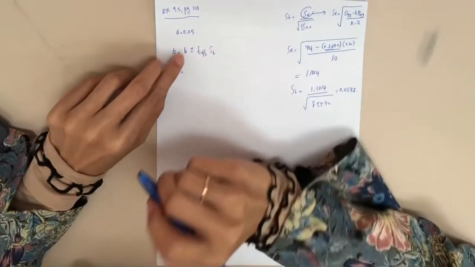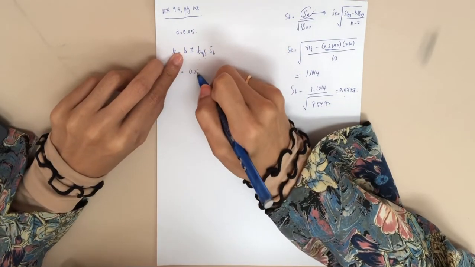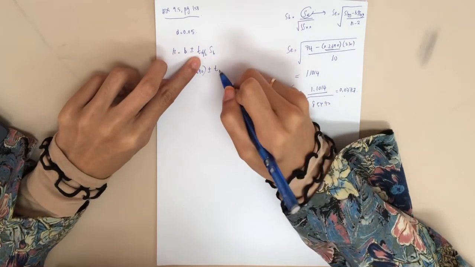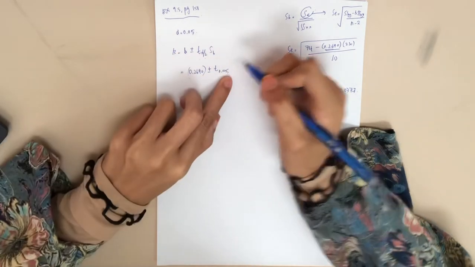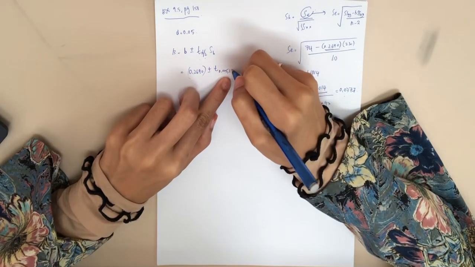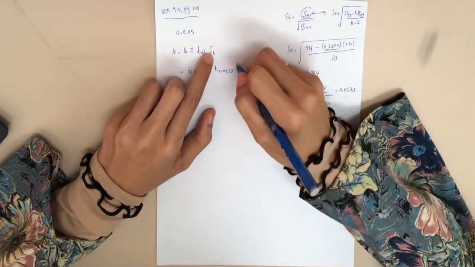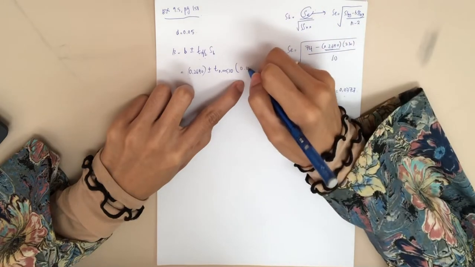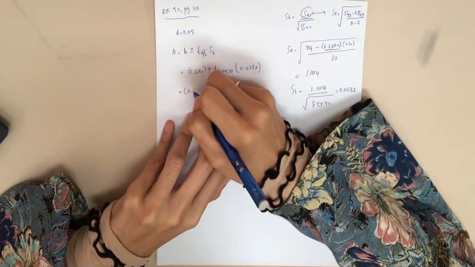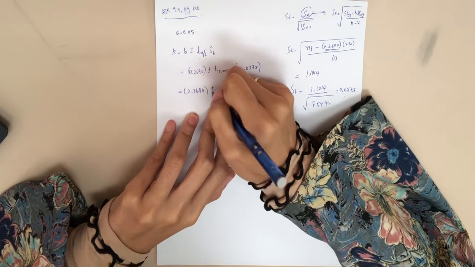So b here is 0.2690. How about this one? Just write it first, 0.025. What is the degree of freedom here? The degree of freedom here is 10. And then your SB is 0.0377.